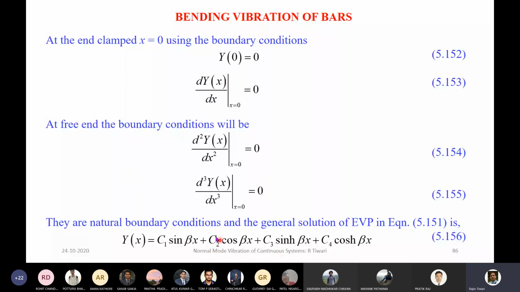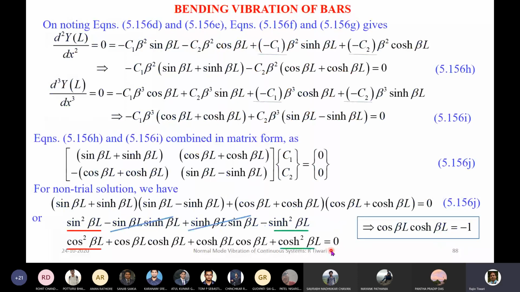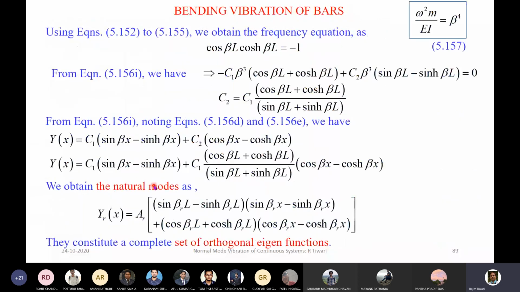Now we are replacing C2 with C1 also, so this whole equation can be written in terms of only C1. So when we use this, C3 is equal to minus C1.